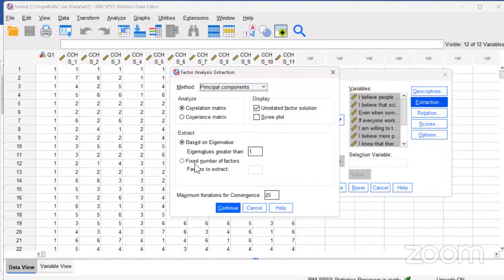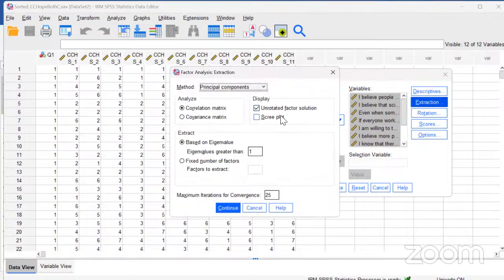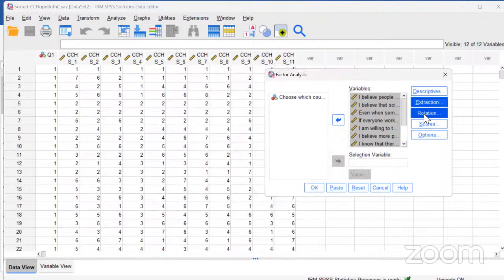And we have another option as well, a fixed number of factors. If I know beforehand how many factors I'm trying to extract, I can use that method as well. But as of now, I'm keeping it based on eigenvalues. So now let's continue. Click the scree plot. Okay, scree plot is also here.